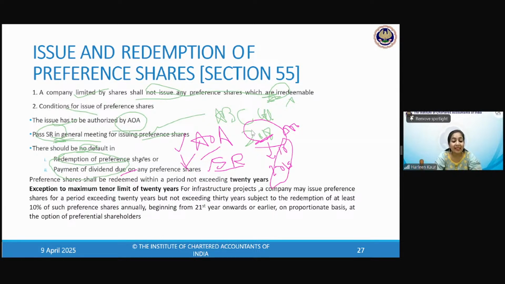So, can this company issue the preference shares? Yes, ma'am, or no, ma'am? If the company has defaulted, then you cannot issue the redeemable preference shares.